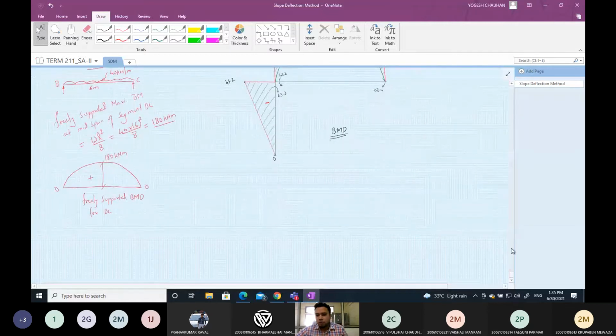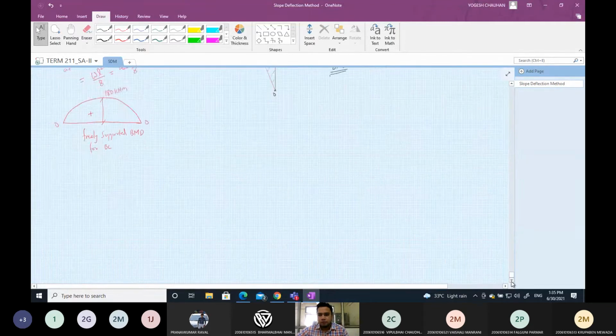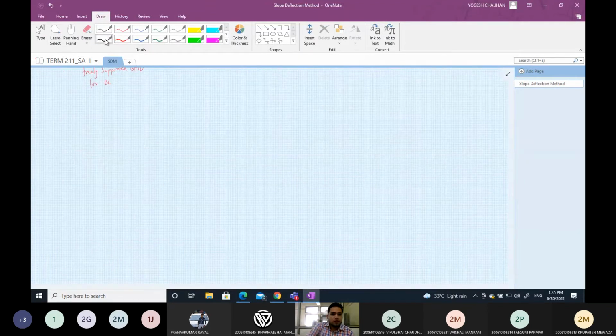Okay, now we will move to sway frames. So the next topic is sway frames.